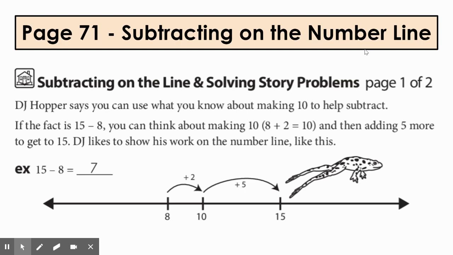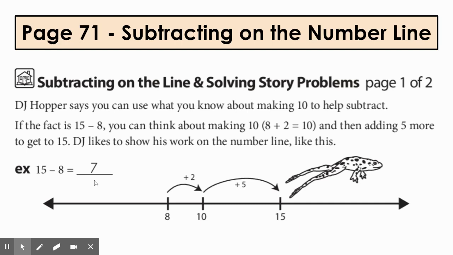Altogether, you hopped on the number line a hop of 2 and a hop of 5. So 2 plus 5 equals 7. You'll notice our answer is 7. 15 minus 8 equals 7. So our answer is going to be the total amount we hopped between our two numbers.